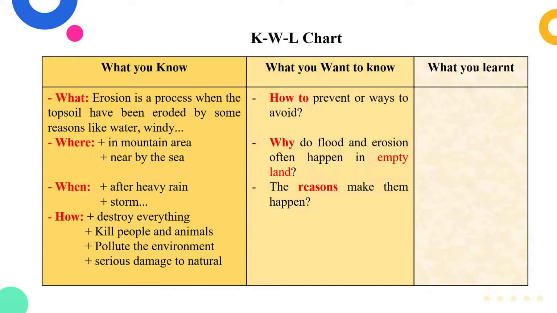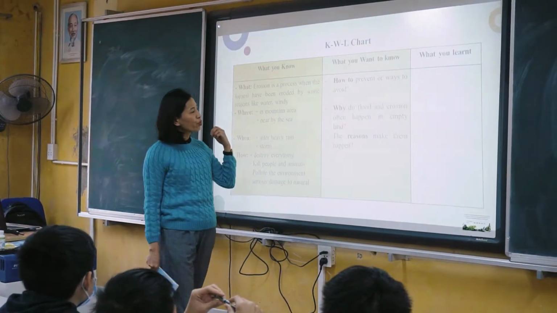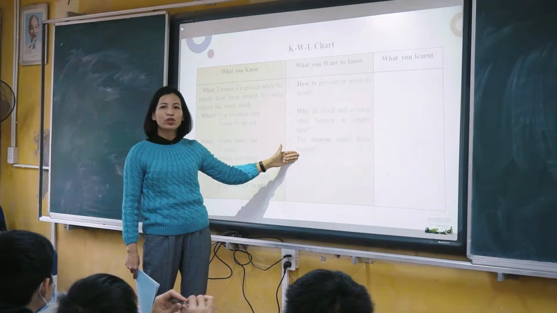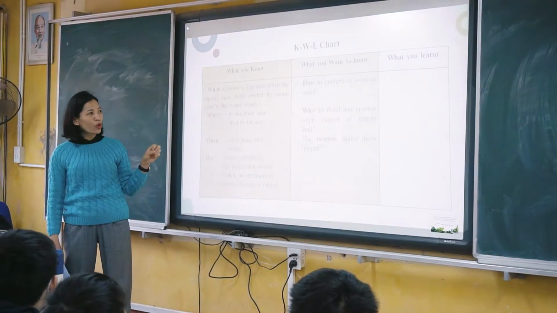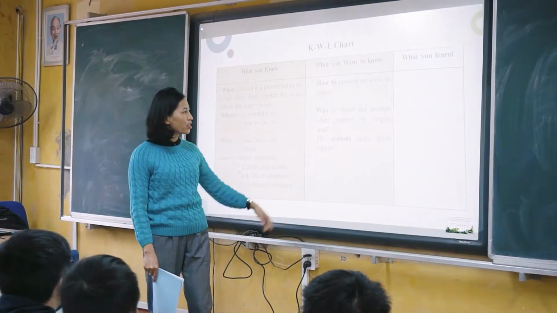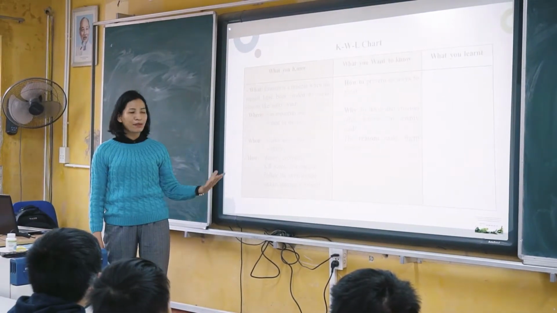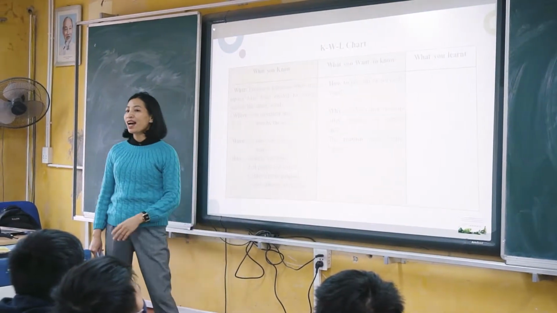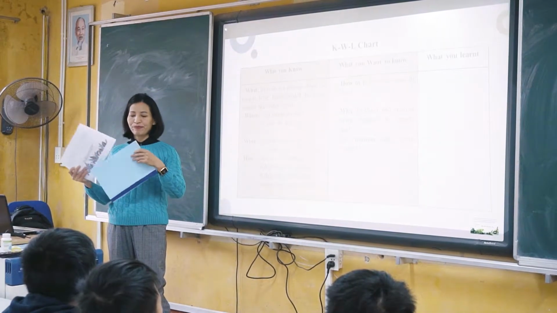And you also have so many questions you want to know about flood and erosion, how to prevent or avoid it. And especially the question, why do floods and erosion often happen in empty land? And with this question, we will have the answer after today's lesson.